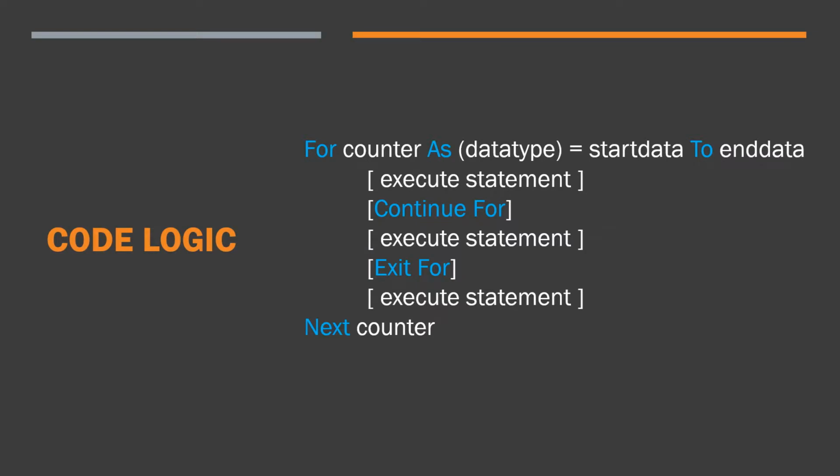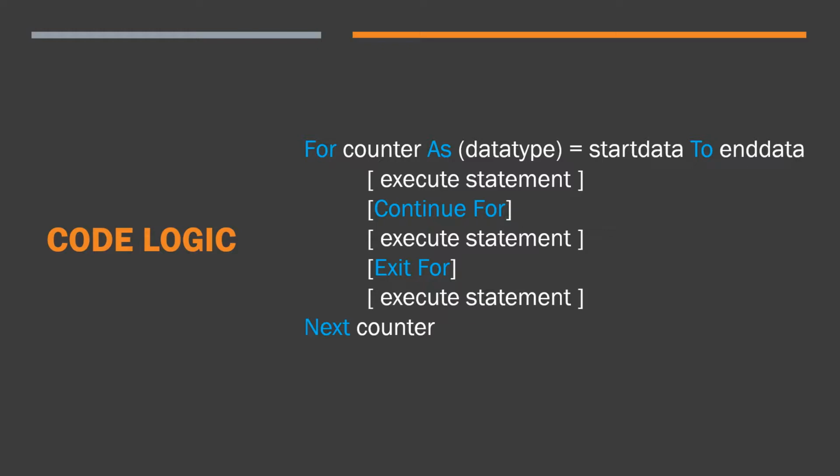When you define a counter as a certain data type, it needs to have a range from the starting range to the ending range. For a variable that has a data type that starts from this point to that point, it executes the statements in that loop, and that's pretty much how it works.